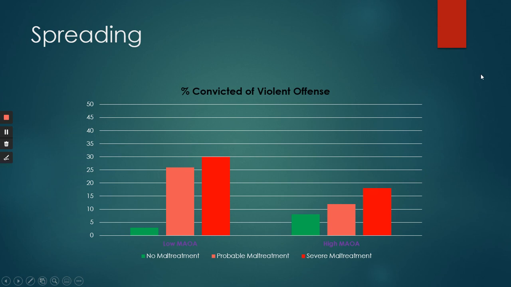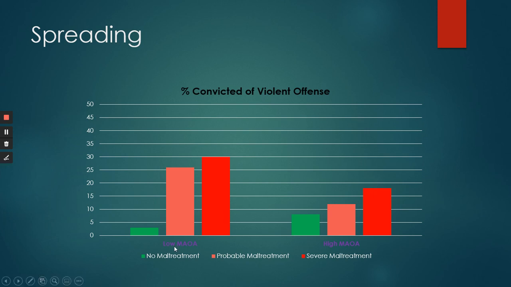So there's two main effects. The genetic risk for low metabolizing of those neurotransmitters is a risk factor for higher violence. You can see it here. Being maltreated, there's a main effect here also. But we have a spreading interaction.